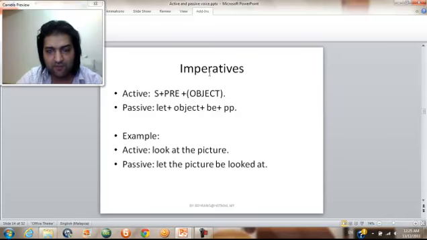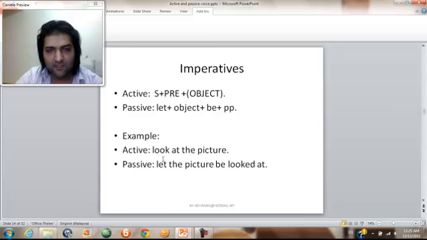Imperatives. Now, imperatives are those statements that usually make a request or give orders, like when we say, let's go, or let's open the door, close the window, and sentences like that. Active goes subject, most often plus preposition and then object, while in passive we have let plus object plus be and finally PP.